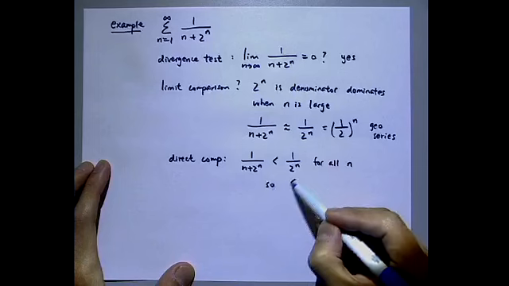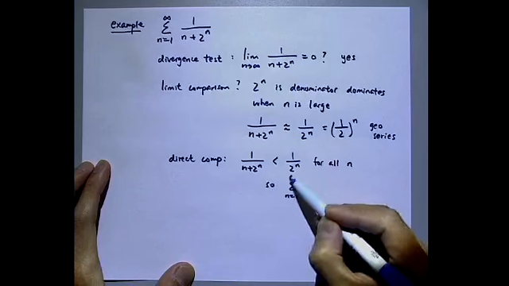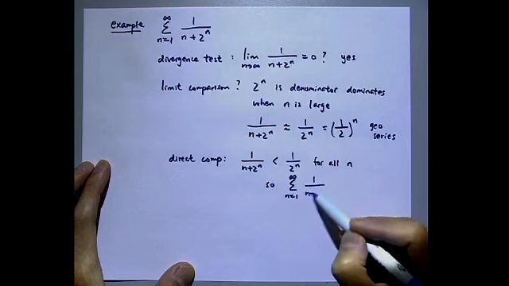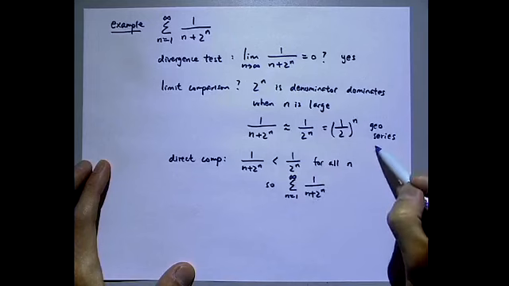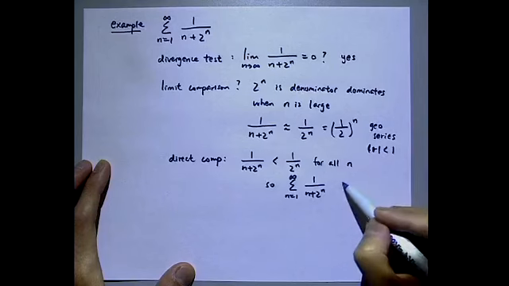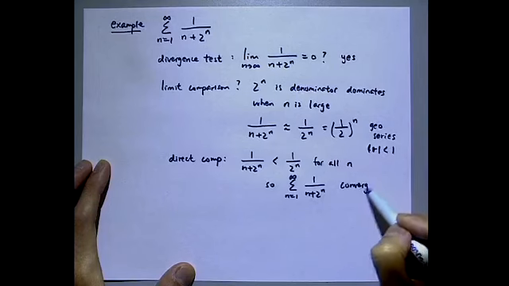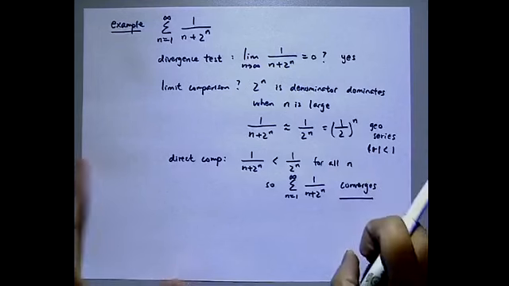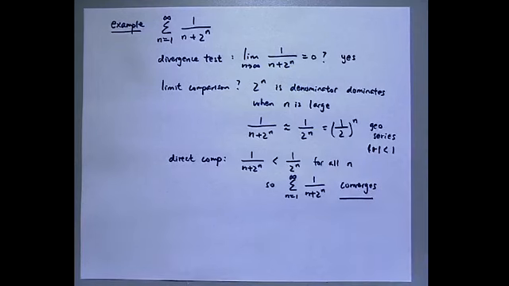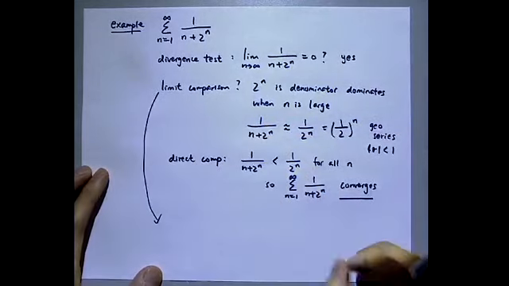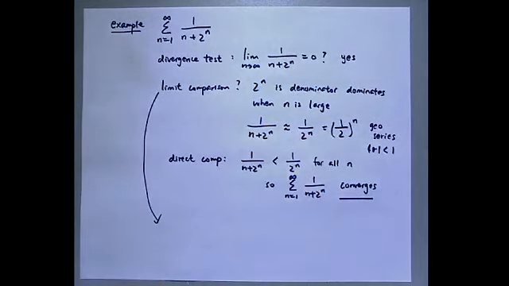So this would tell us that the series is going to converge. Okay? Right, so that's one way to get the answer out of that. It's not the only way.